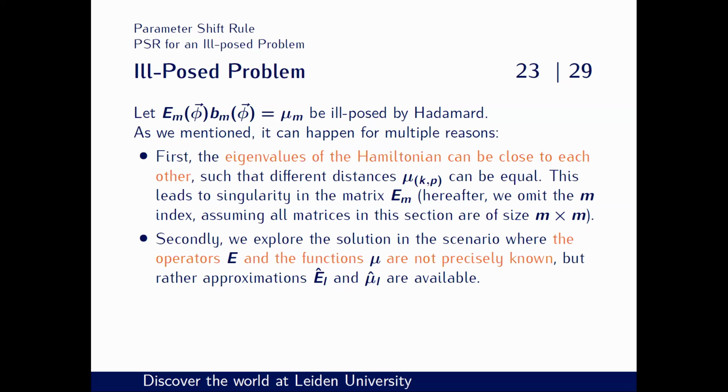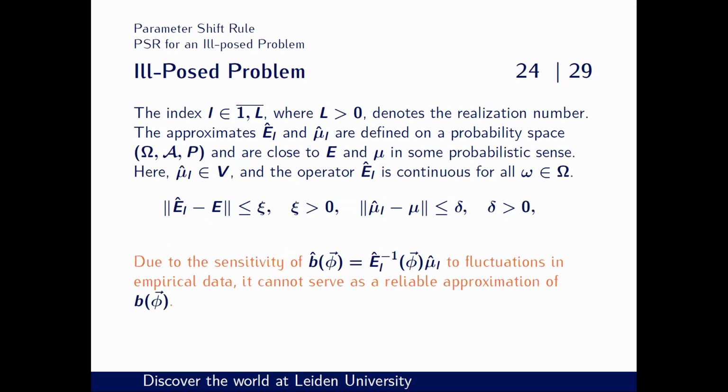So what does it mean? As I told you, we don't know those operators precisely, we know some approximations of them. Then the difference between the ideal case and your approximation is, for example, bounded by T and delta, but due to the sensitivity of your solution, this vector will change significantly with the change of this approximation.